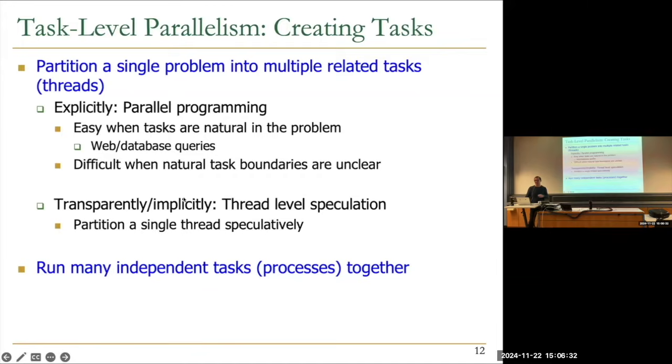Or you could do this transparently or implicitly. This is also called thread level speculation, let's say. You can partition a single thread speculatively, or non-speculatively also. A compiler can try to do this completely. A programmer can also try to do this. Well, sorry, if a programmer does it, then it's not really done here.